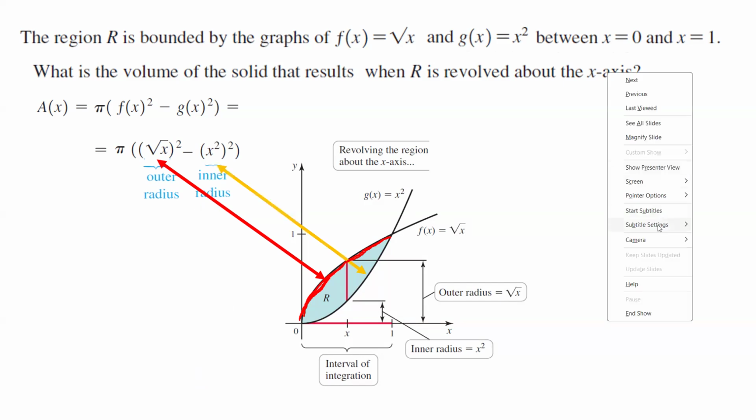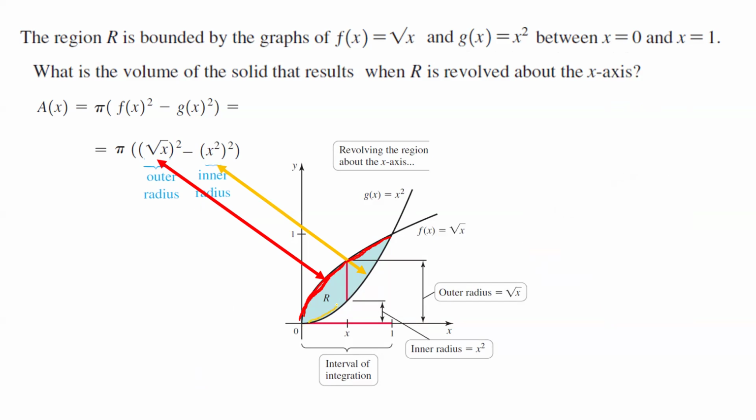So if we change the color here, this is your parabola, which gives you the smaller radius. So the larger area minus the smaller area.